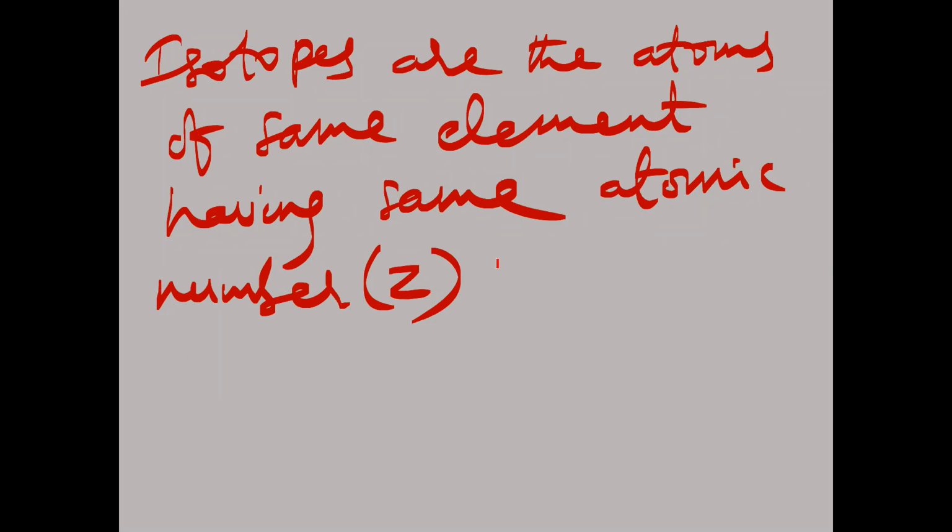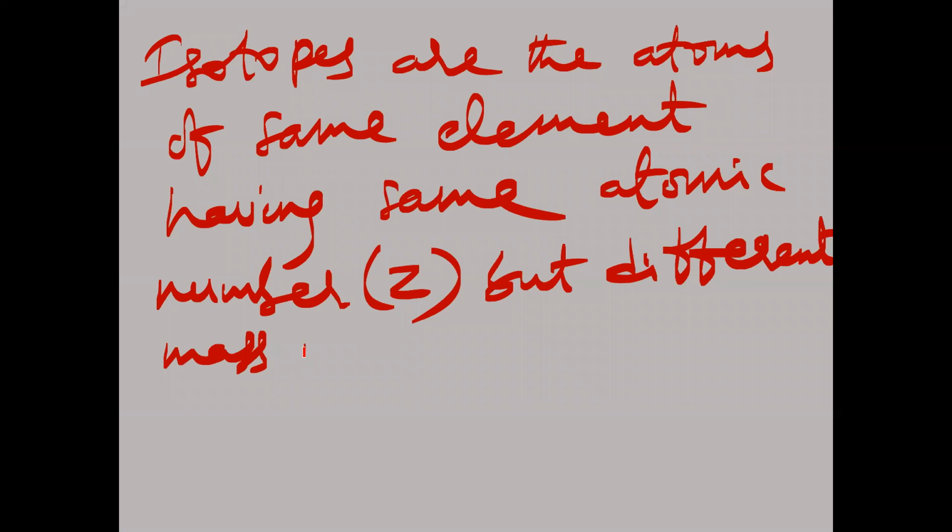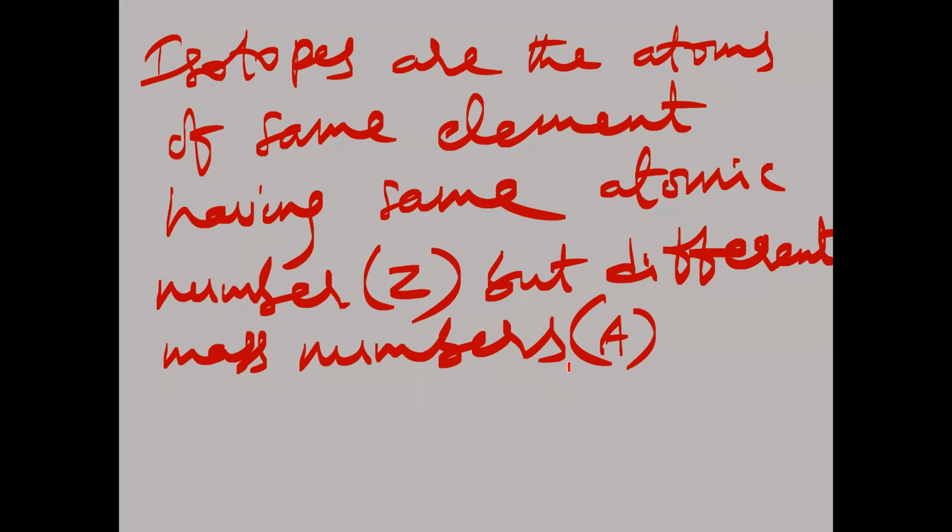Same atomic number but different mass numbers. Mass number is A. Mass number A will be different, but atomic number Z will be the same.